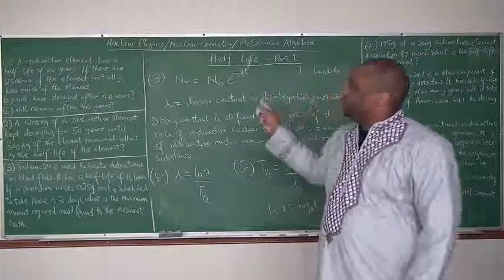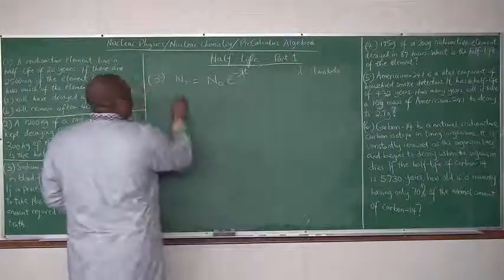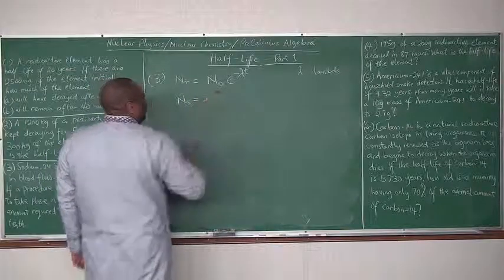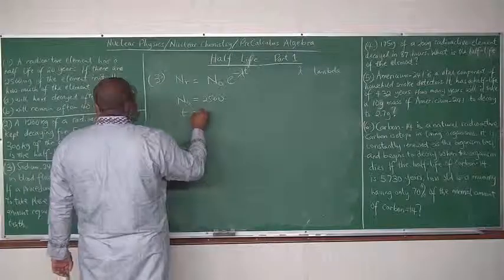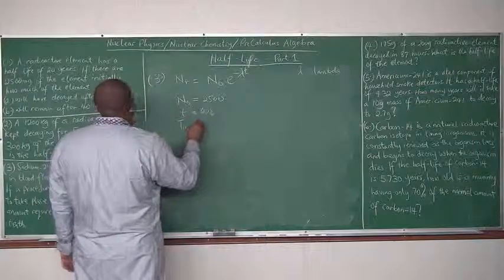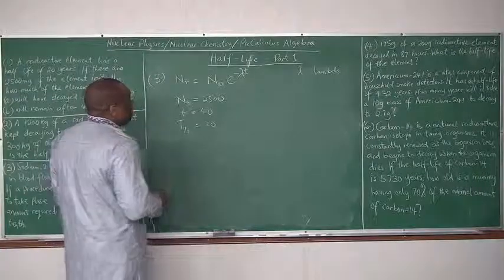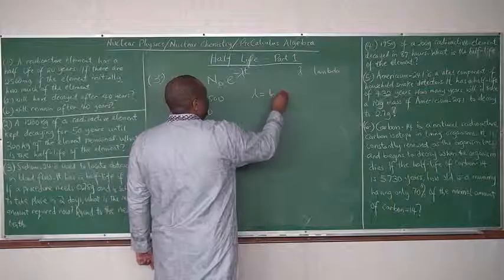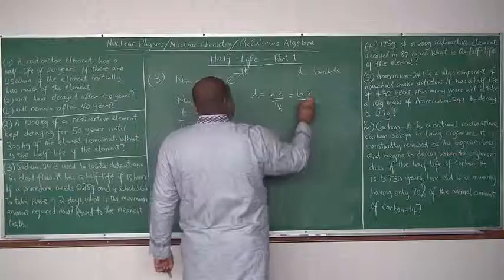Now let's use this formula and solve question 1. We see that N subscript 0 is 2500, t is 40 years, T half is 20 years. Let's find the decay constant: lambda is ln 2 over T half, which is ln 2 over 20.